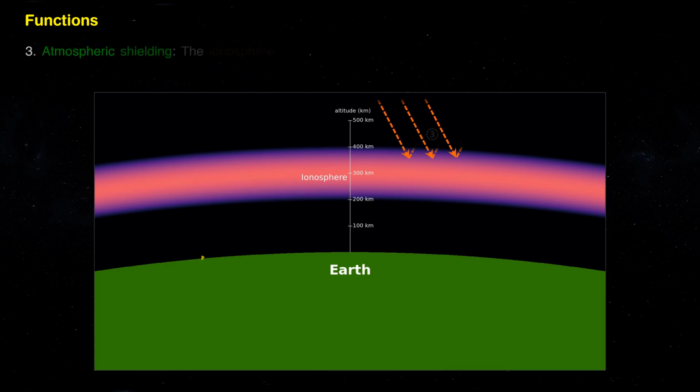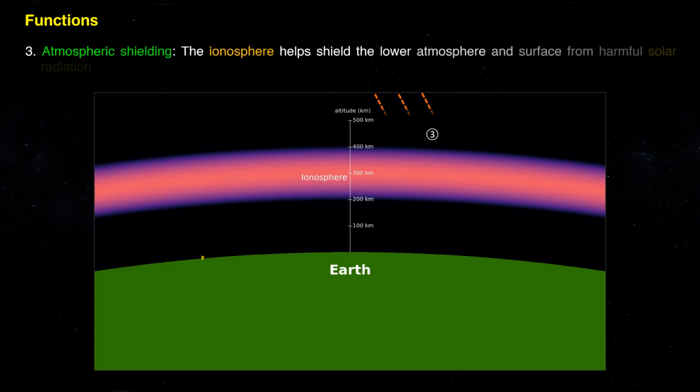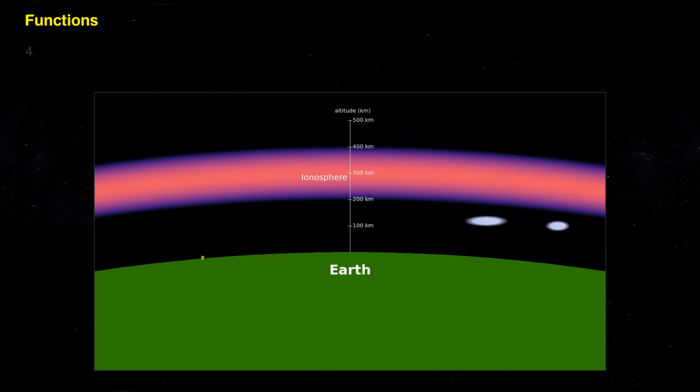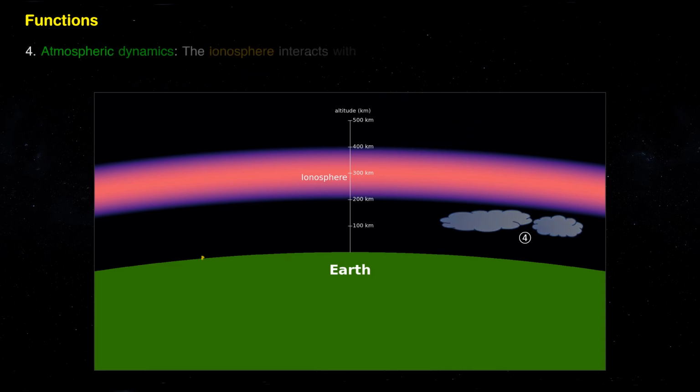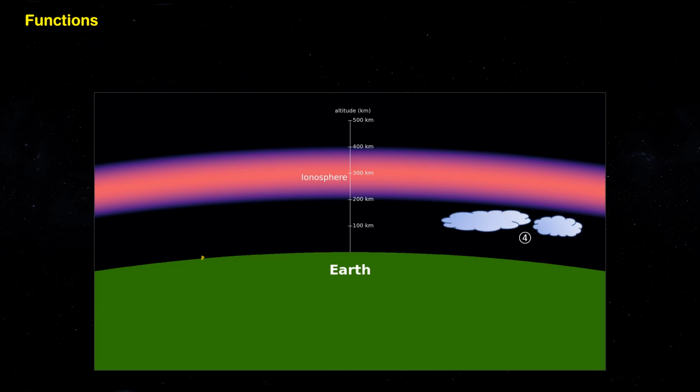3. Atmospheric shielding. The ionosphere helps shield the lower atmosphere and surface from harmful solar radiation, particularly high-energy particles and ultraviolet radiation. 4. Atmospheric dynamics. The ionosphere interacts with the Earth's magnetic field and influences atmospheric circulation patterns, which can impact weather and climate. 5.